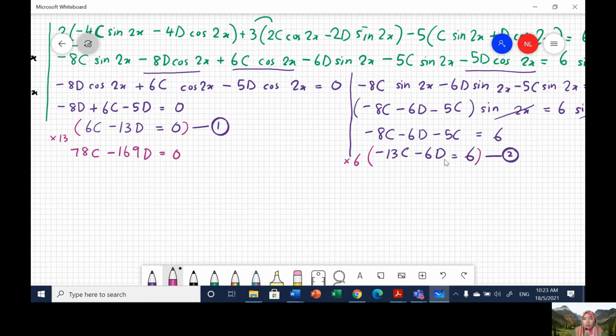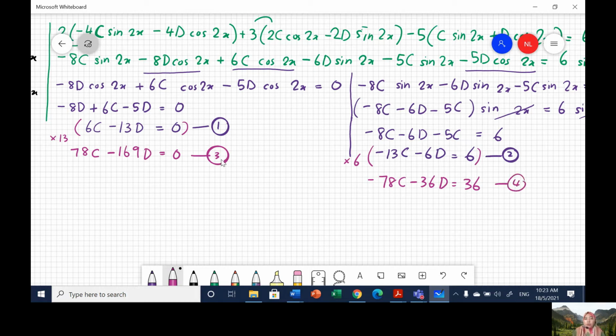So this is the new equation. Equation 2, we are going to get negative 78C minus 36D equal to 36. So this is equation 3 and here is equation number 4.